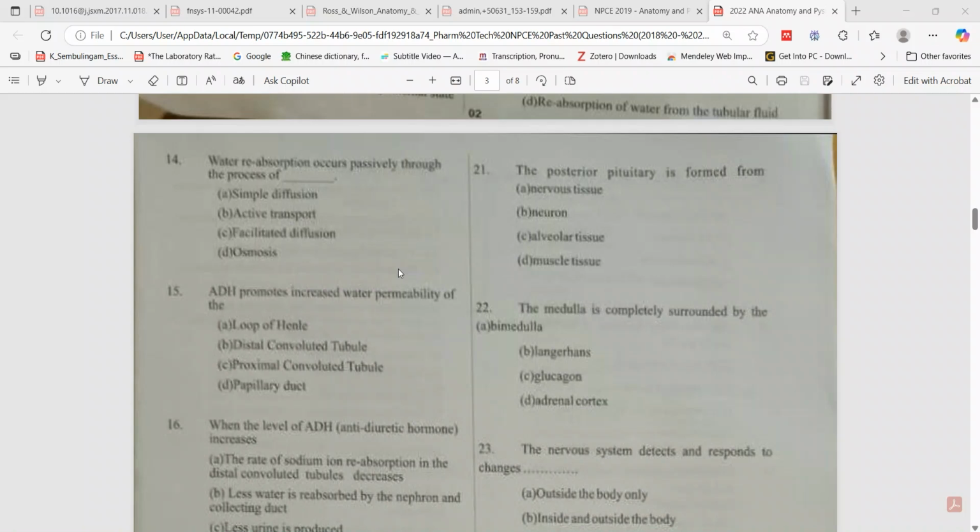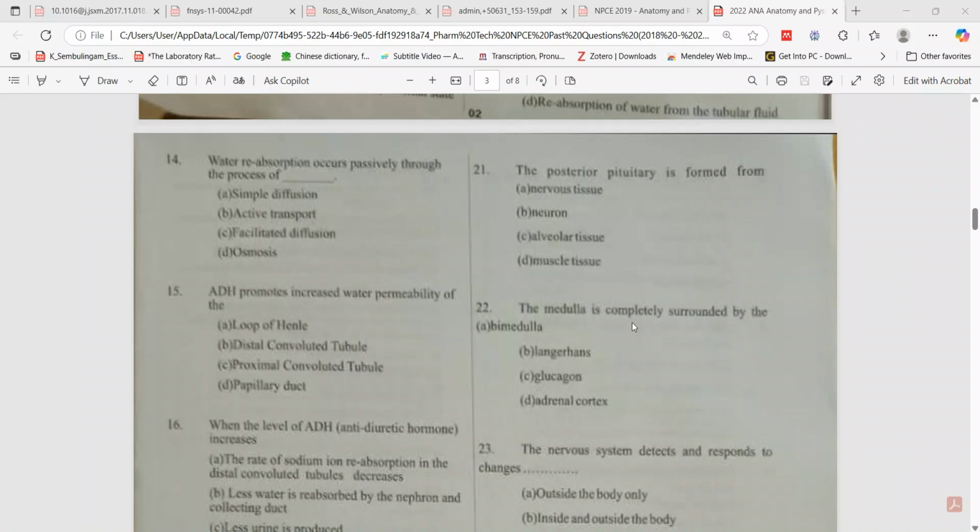What's the answer to this question? ADH promotes increased water permeability of the... So what's our answer to question 15? The answer is distal convoluted tube. The answer is B. Heritage, can you see the screen now?